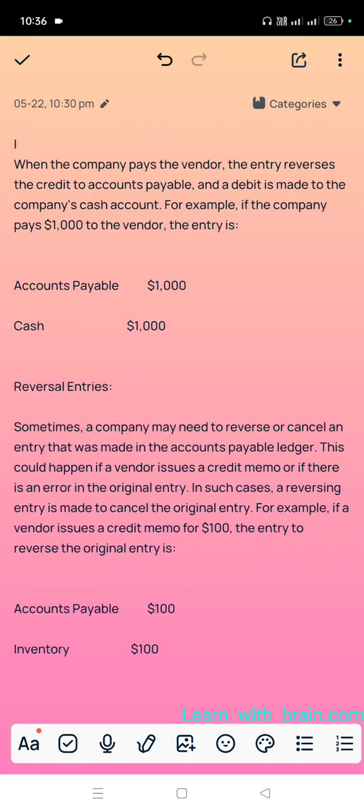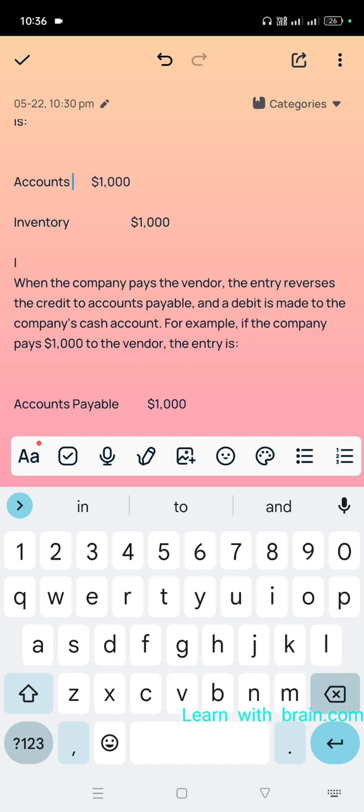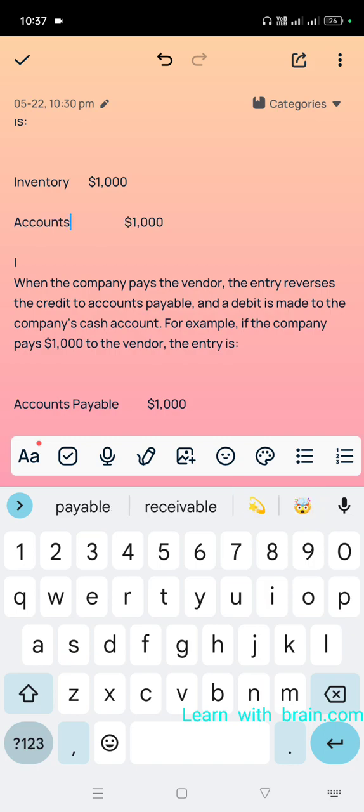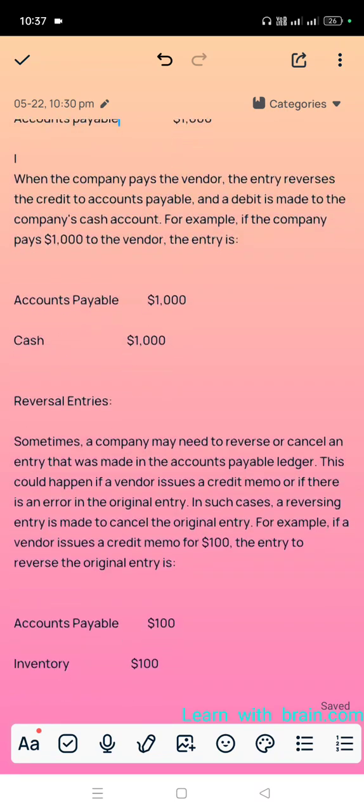I hope you understand. Inventory account debit, accounts payable account credit, because it's a liability.